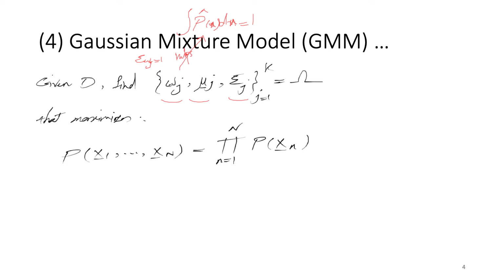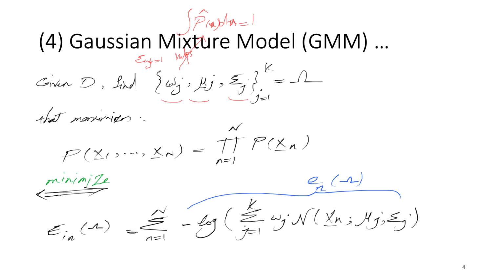And then we were interested in maximizing this probability for all of the x's. Thus, we change it to a minimization problem, and we define, just like before, the in-sample error En of our parameters, which was a summation of all minus log of your w, which I define here, and the probability that this Gaussian model brings. And that was your En of omega, right?